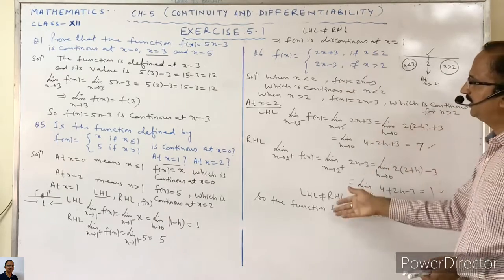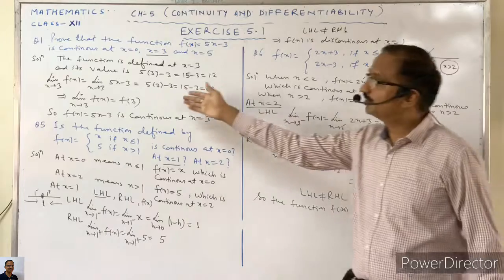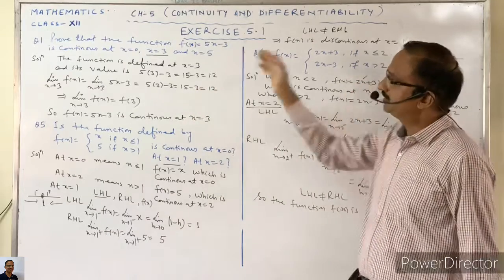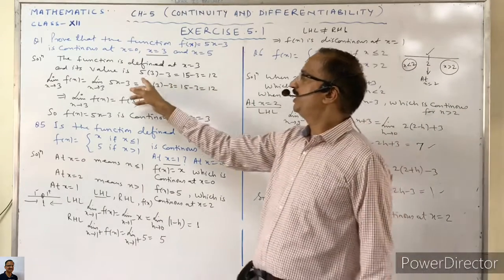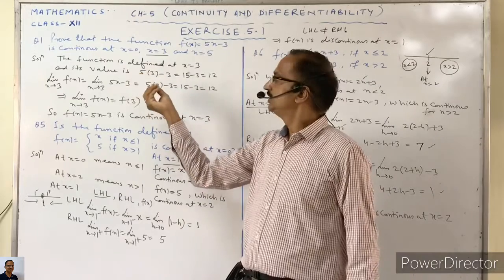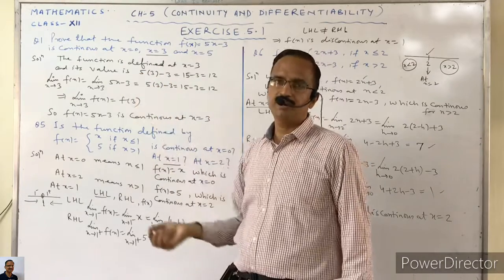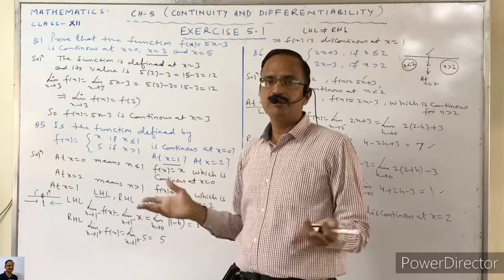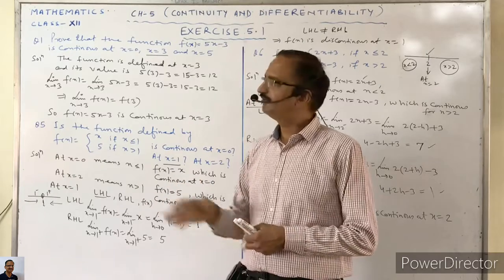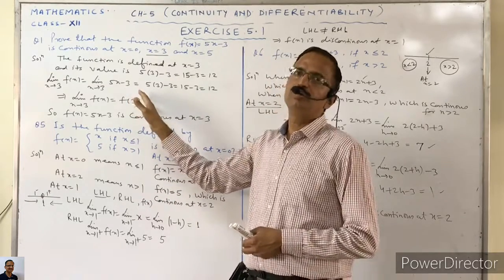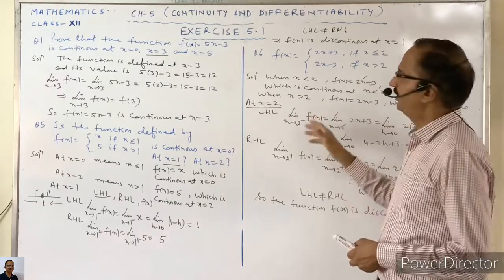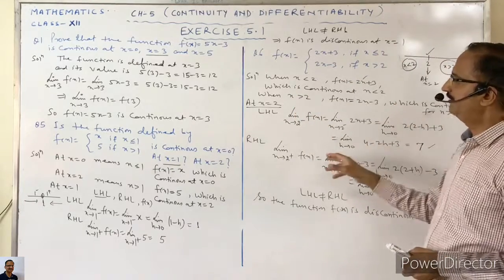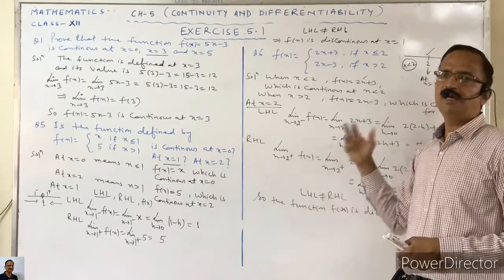Then we will use this method. But for this question also, we can use this method, meaning in place of this we can write 3 minus h and 3 plus h, and both the values will be the same. But for these questions, no need to do it like this. But for these questions, we have to find the left hand limit and right hand limit.